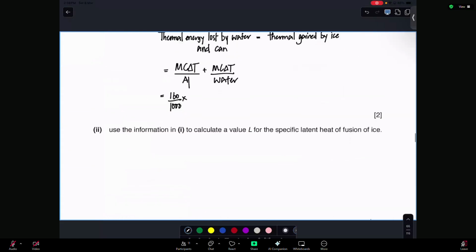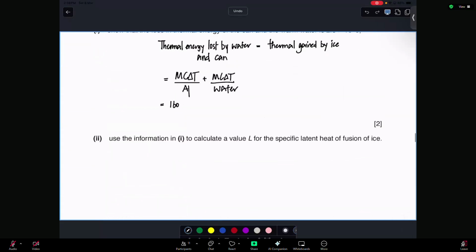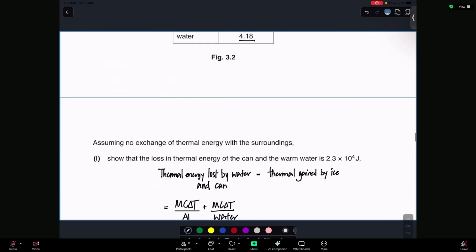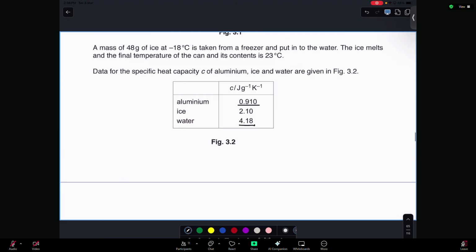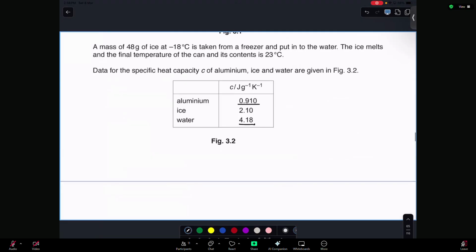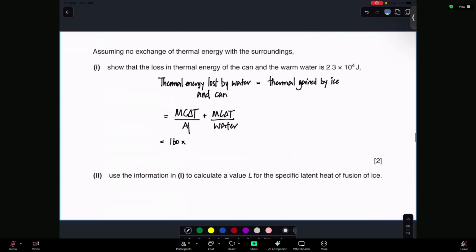So divided by 1000 into specific capacity, কি grams এ দাও or not? Grams এ দাও, sorry. তাহলে এটা একটা জিনিস করে Cambridge. I don't know why they keep every values here of specific capacity in grams, but it's typically something you have to be aware of. So 0.910 into change in temperature কত হবে? 38 minus 23.